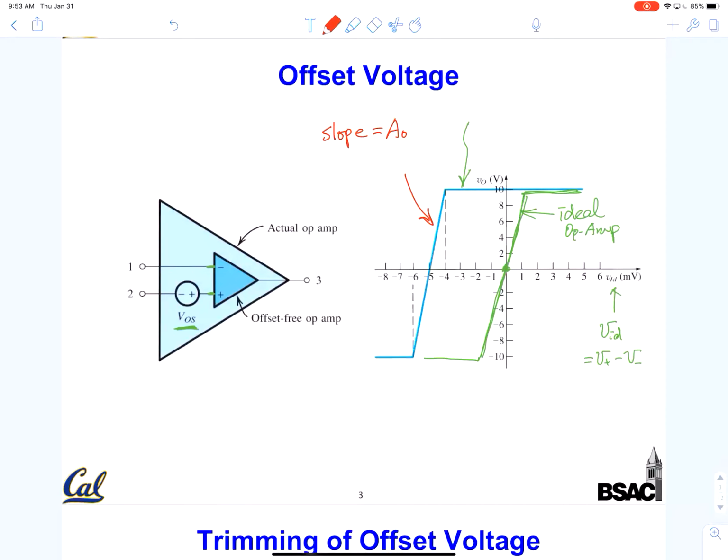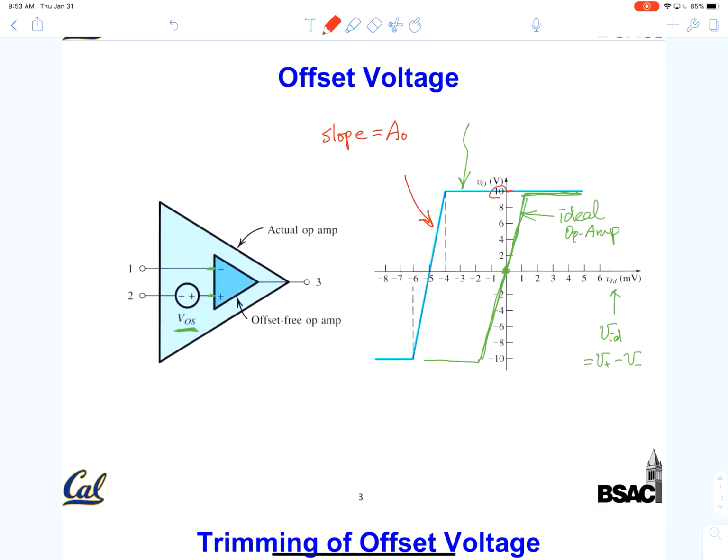If the output swing is 10 volts, and the gain is 100,000, that means the input range is really small: 10 divided by 10 to the 5 is 10 to the minus 4. So only about 100 microvolts is your input range allowed to vary. This has other implications. What happens when your input voltage difference exceeds 100 microvolts? There's another imperfection there.